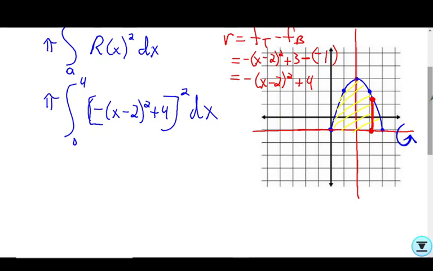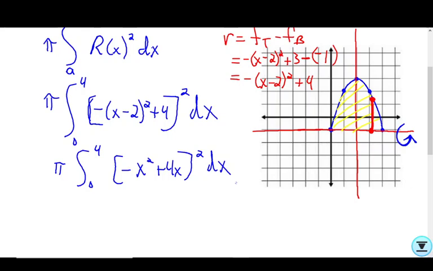So let's do some algebra. When you FOIL the inside, you're going to get (-x^2 + 4x)^2 dx. Then you're going to have to FOIL that out, and when you do that, you're going to get x^4 - 8x^3 + 16x^2 dx.